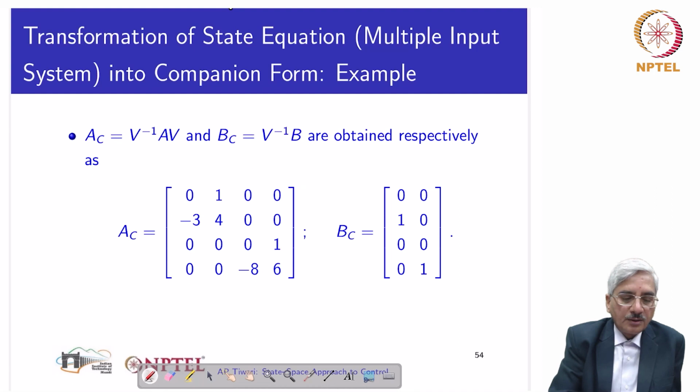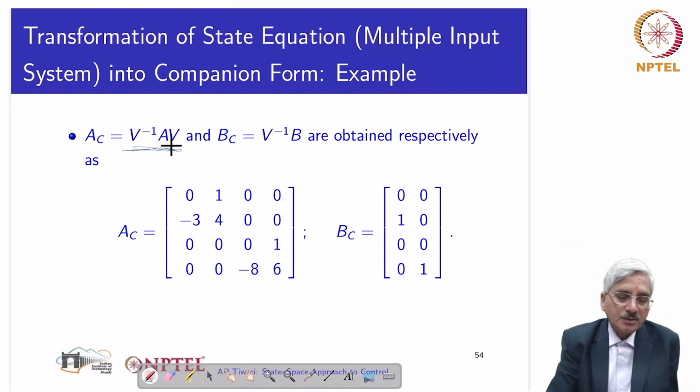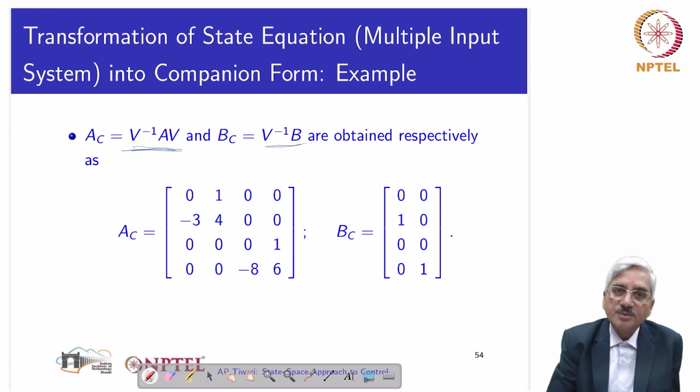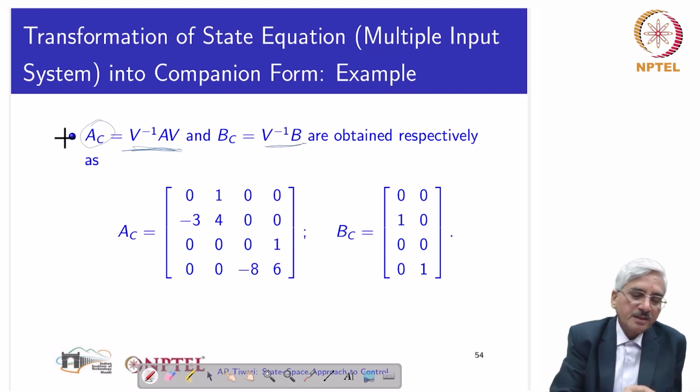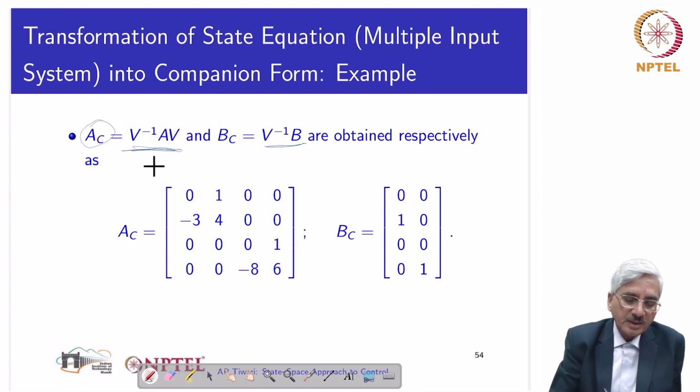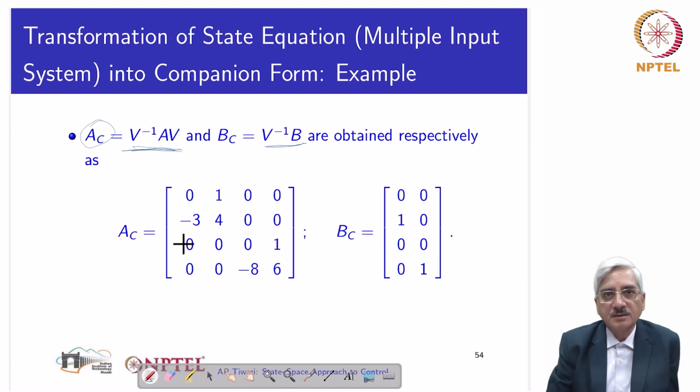Of course, now what is required is to do this operation V inverse AV and V inverse B to obtain the companion form matrix AC and the corresponding input matrix BC, and thus we get this. If we do that computation, we get this as the AC matrix.